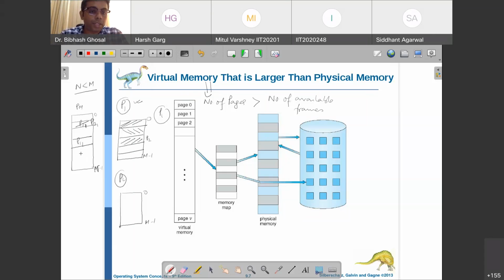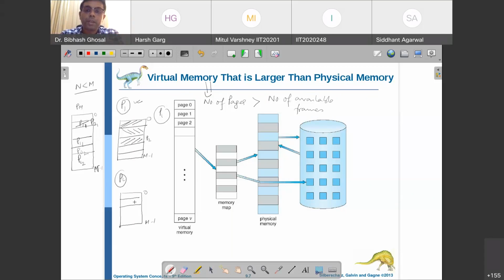Say, for example, I will keep page 1 of process 2, page 0 of process 2. For that also I can use the same principle. For process 2 also, I don't need all pages at the same time. I will only keep pages which are currently executed when the process P2 is running.